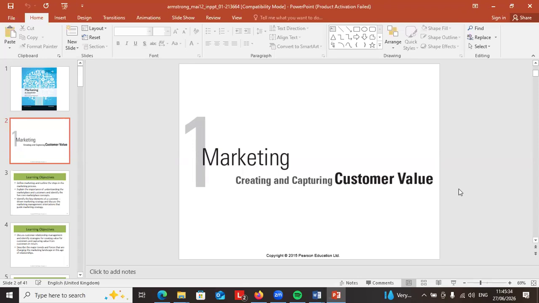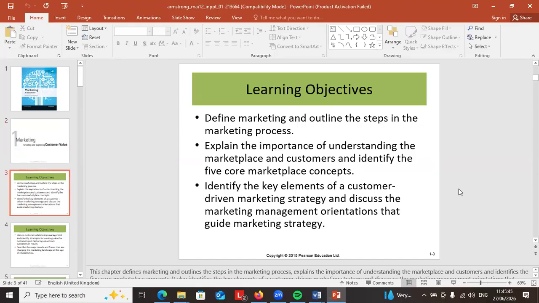So today we want to look at the first topic: marketing. How can we create and capture customer value? In terms of the learning objectives, by the end of this facilitation, I expect you to, one, define marketing and outline the steps in the marketing process. Two, explain the importance of understanding the marketplace and customers, as well as identify the 5 core marketplace concepts.